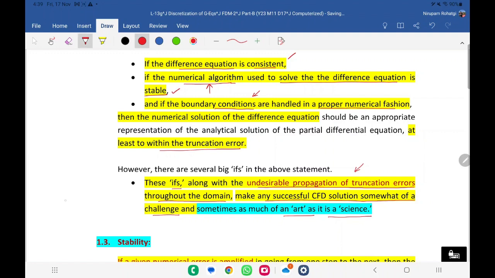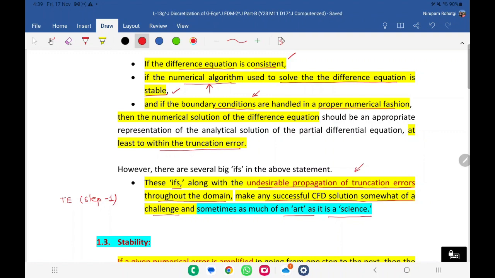Consistency means truncation error in step 1, that whatever equation you have, differential equation and your difference equation, they are nearly equal in the acceptable zone. That is your truncation error problem at level 1, where truncation error is actually very small and all the terms do not add up and make it blow up.